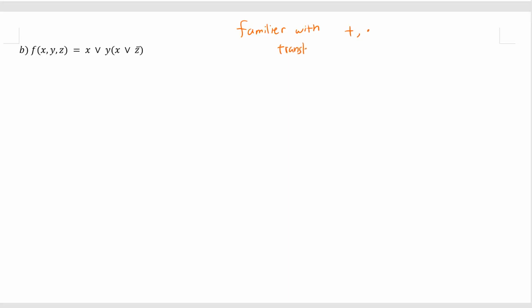So we can translate AND and OR: AND is like multiplication, OR is like plus. We can translate to multiplication and plus, and then we calculate using our regular algebra techniques. And then after we are done, we can change it back to AND and OR.